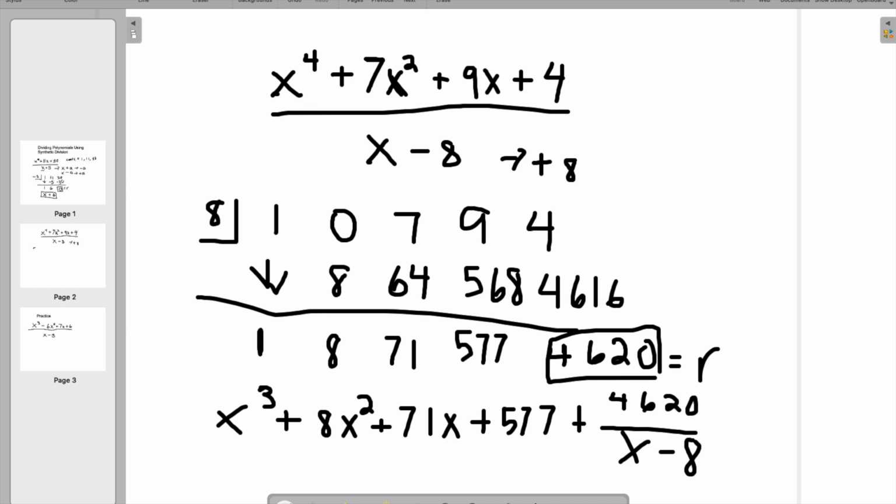Because you always want to put the remainder above the denominator, just like what we did in long division. That is our answer.